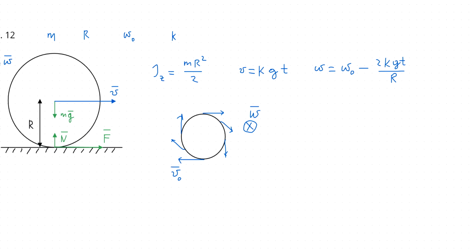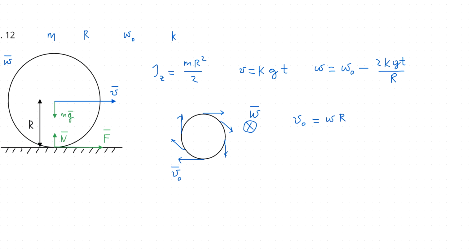And what will be the value of this velocity v0? It will not be zero, because of minus kgt. We know the v value and the omega value. Also, we know r. So it will be omega r.